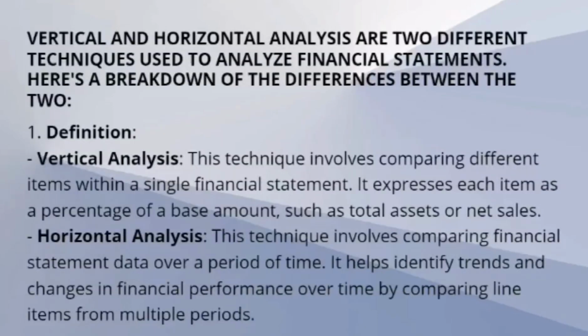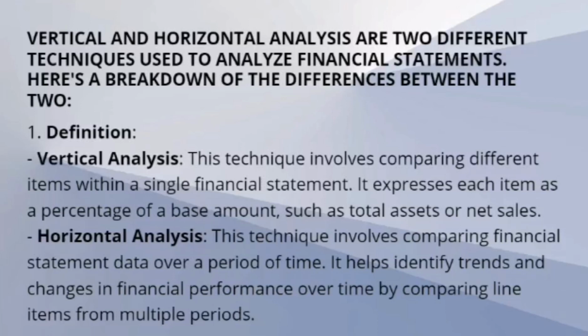Vertical and horizontal analysis are two different techniques used to analyze financial statements. Here's a breakdown of the differences between the two. Definition: vertical analysis. This technique involves comparing different items within a single financial statement.